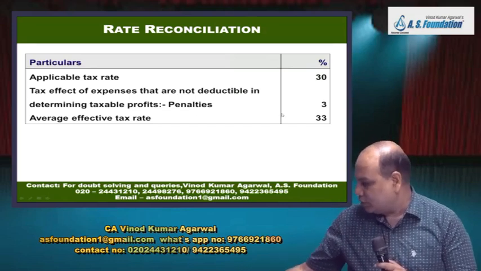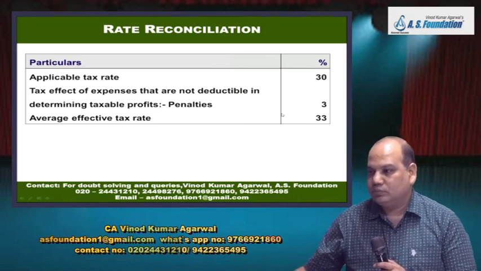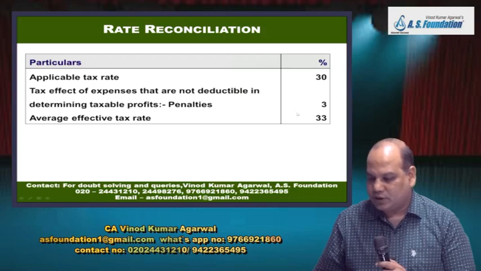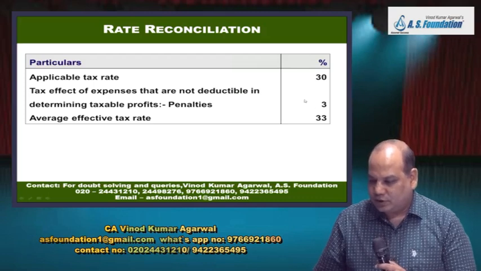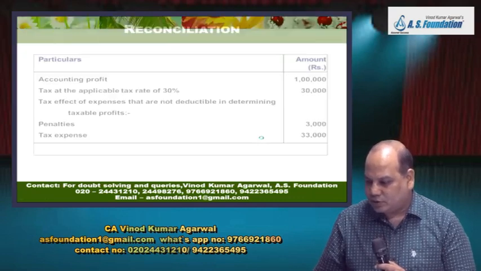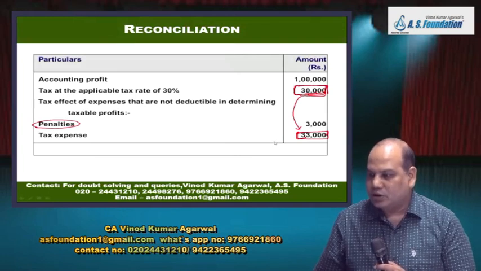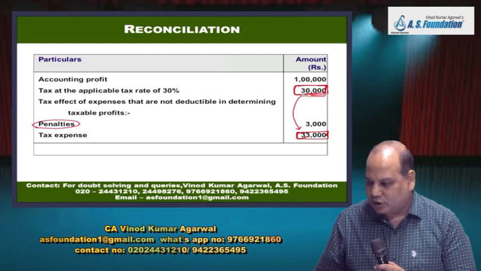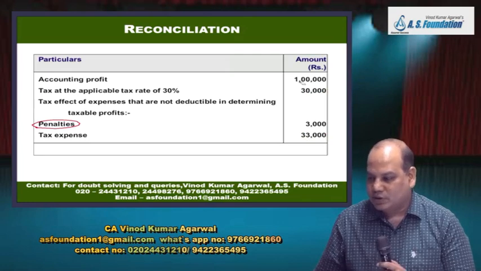And what is my effective tax rate? See on the screen, 33,000 we have paid for 1 lakh rupees income. So my effective tax rate I am actually paying is 33 divided by 1 lakh, 33%.